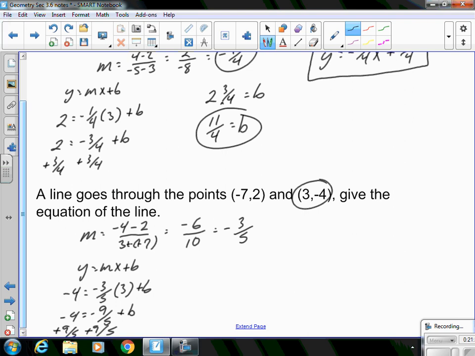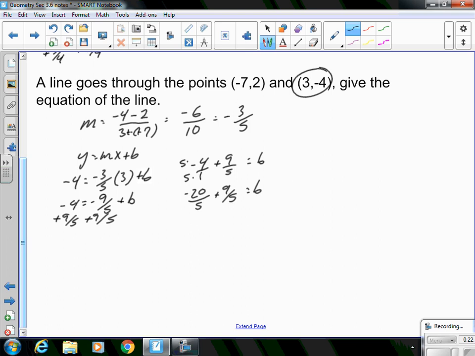Gets a little more complicated because we're going to do negative 4 plus 9/5 equals our b. So in order to deal with these, we need a common denominator, so we need a 5 on the bottom of the negative 4. So multiply top and bottom by 5, so we get negative 20/5 plus 9/5 to get our b value, which negative 20 plus 9 is negative 11/5.